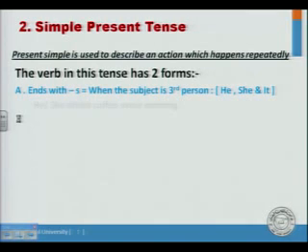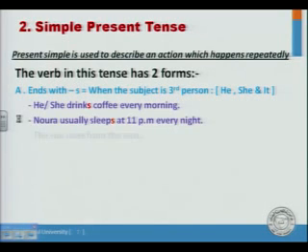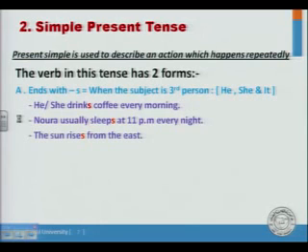To show you these examples on the board: he, she, it, when the subject is third person singular, the verb must be followed by s. Not only he, she, or it, maybe Ahmad, maybe Salma, maybe the cat instead of it. So we add the letter s.